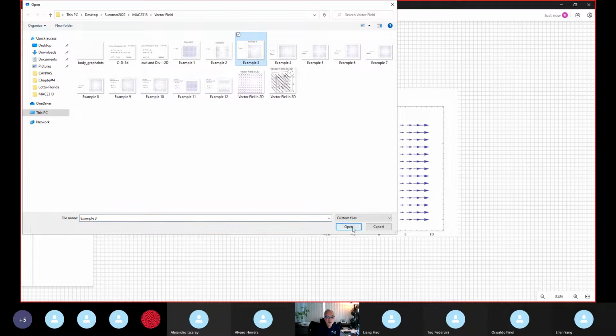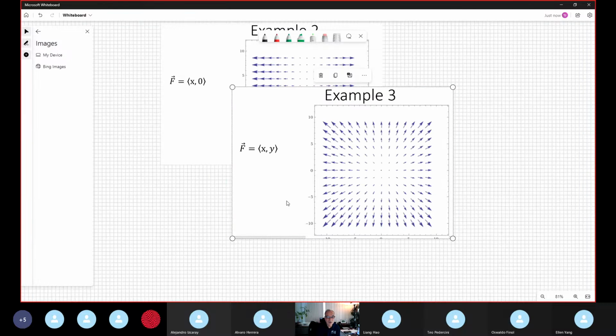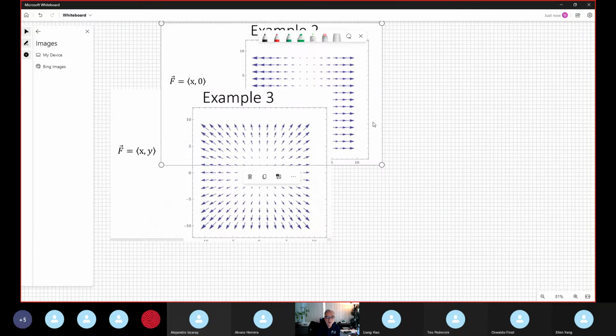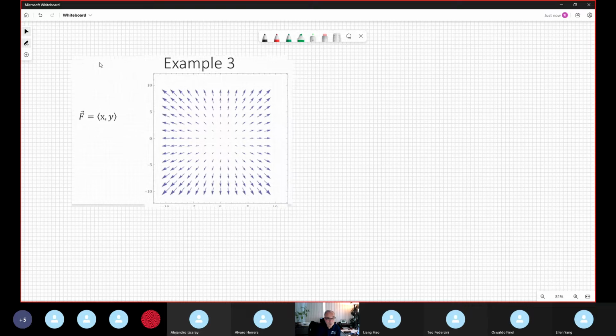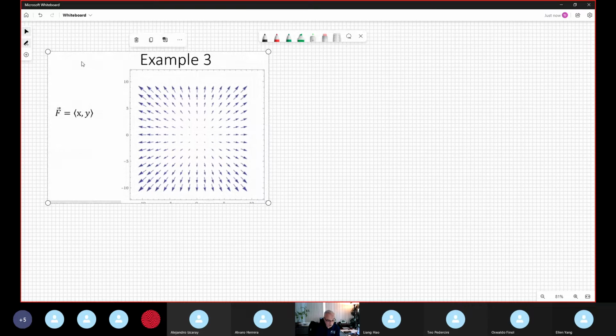Example 3, I call it in your moment, no? Okay, there you go. This is cool. Okay, super. This is example 3. I call it example 3 in the picture, but officially in my paper it is now example 1. That's not important. Example 1.